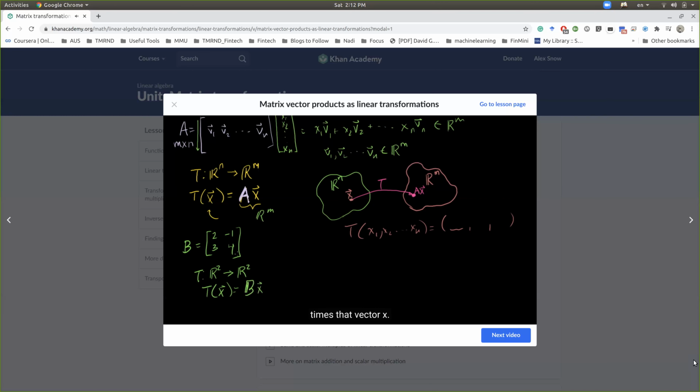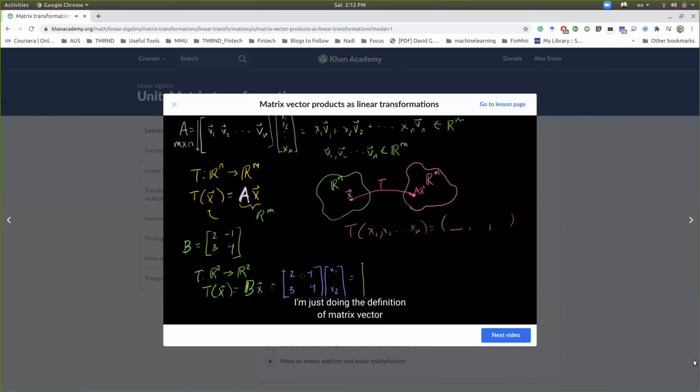Now what would that equal? Well, the matrix is right there. Let me write it in purple, 2, -1, 3, and 4, times x1, x2. And so what does this equal? Well, this equals another vector. It equals a vector in the codomain R2, where the first term is 2 times x1.